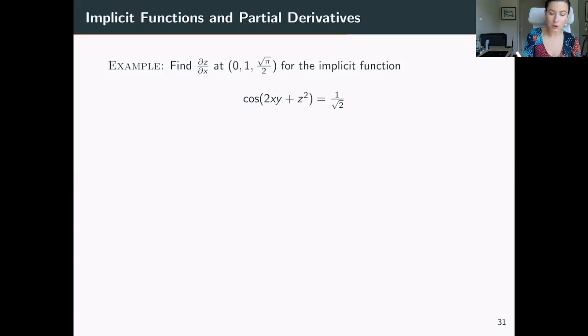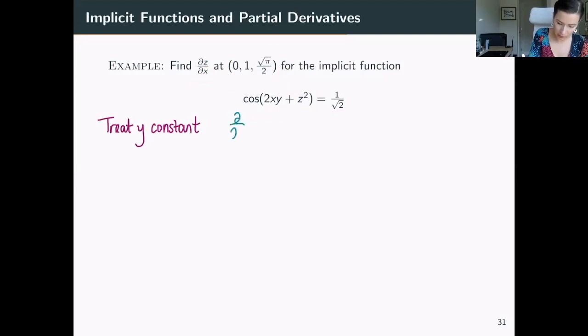So here we're trying to find the partial of z with respect to x at a point for this function. Because we're taking the partial with respect to x, our goal here is to again treat y as a constant. And we're going to take the partial with respect to x of both sides.